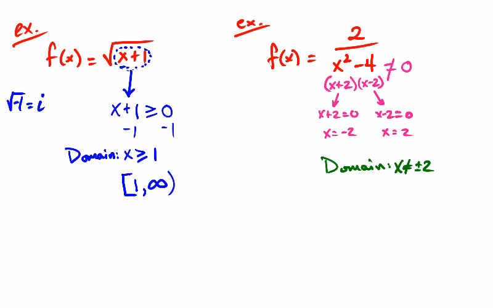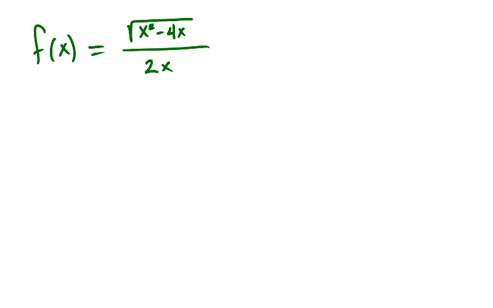Let's look at one last example that could be a little crazy, like something from the homework that we've looked at. f of x is, let's go with the square root of x squared minus 4x, over 2x.